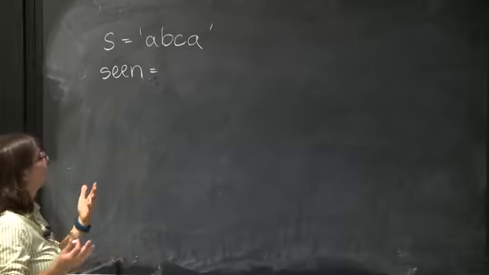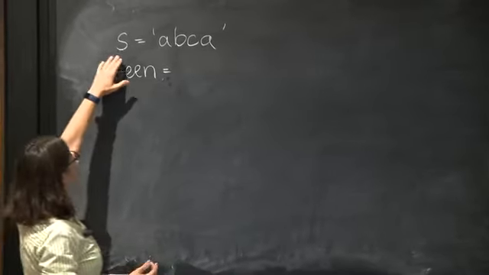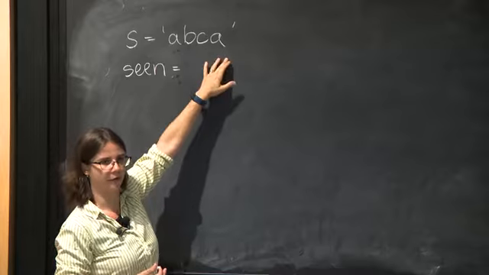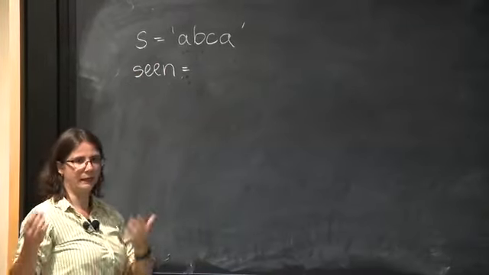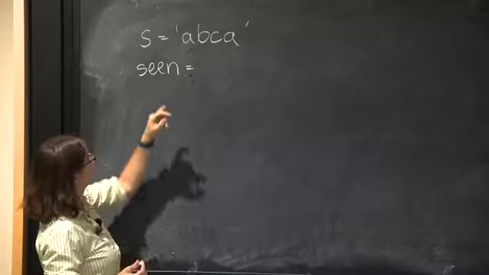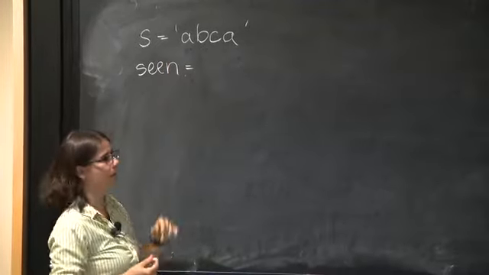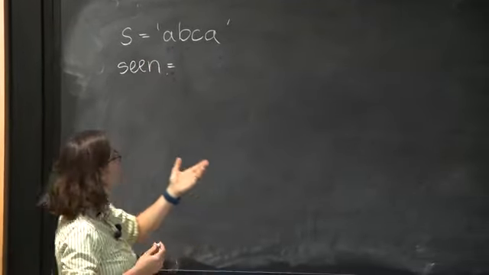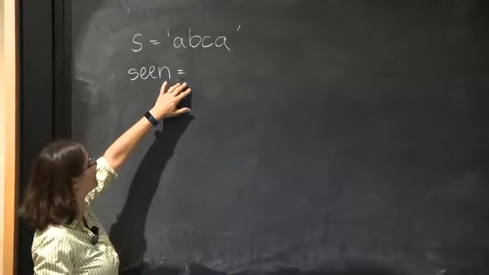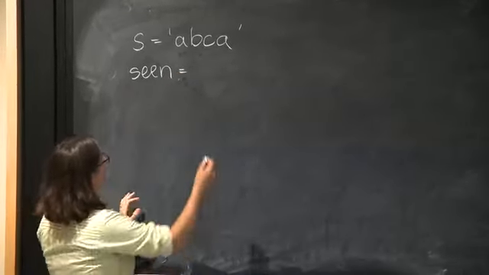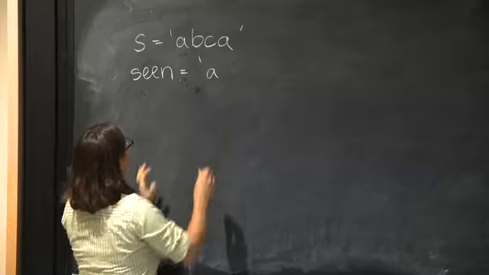The way I would go about this problem is, clearly I have to touch each character in the string s. So already I need to have a loop. As I'm looking at each character, I'm going to keep track of it. If it's something I haven't seen before, what I want to do is say, okay, I have now seen this a.